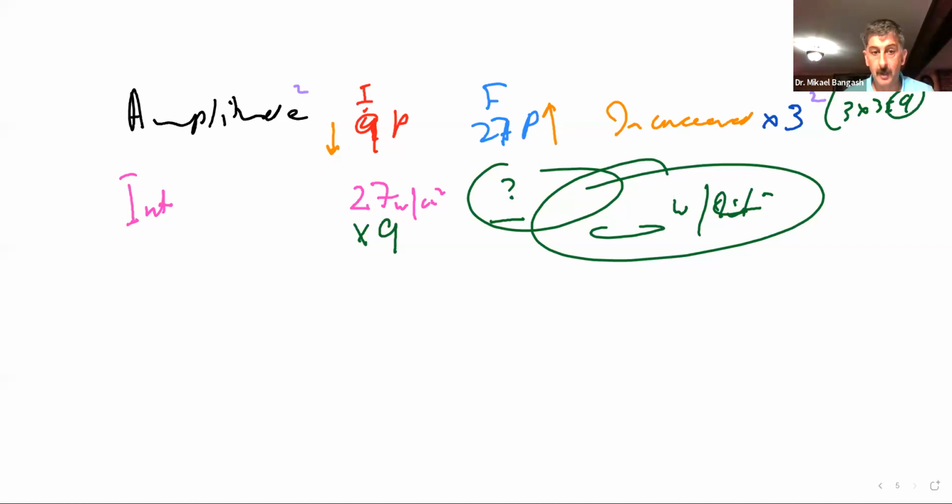You multiply by this number. Had it been decreased, my dear, then you multiply by this. Multiplying by 1/9 is the same as dividing by 9. But here we are going to multiply, because we had an increase.